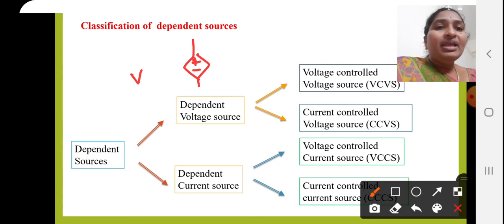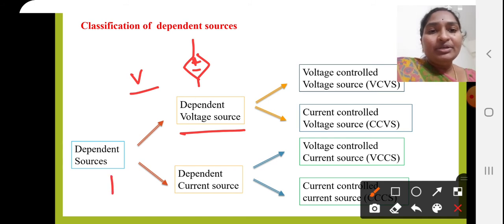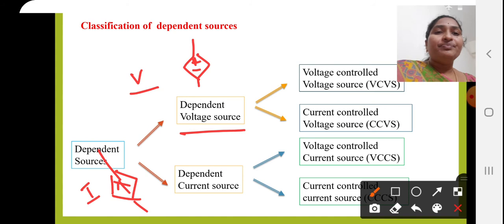Since it is a dependent voltage source, the magnitude is voltage here, and if it is a dependent current source, we need to represent the source with an arrow mark. So it shows a dependent current source. Simply, a dependent voltage source is represented with a diamond symbol with plus or minus, and a dependent current source is represented with an arrow mark which shows the direction of current in the branch or in the source.